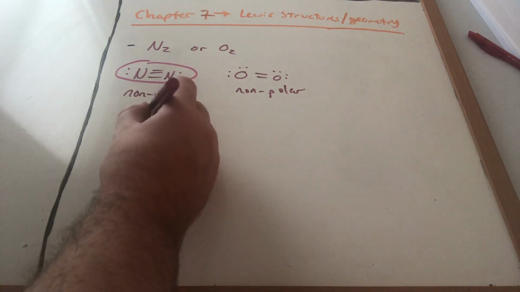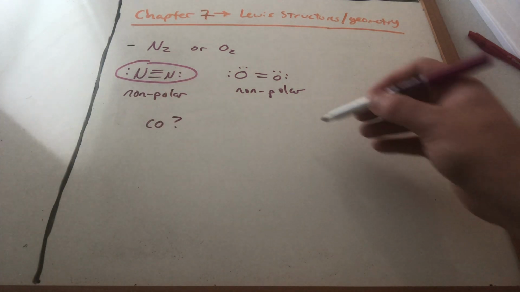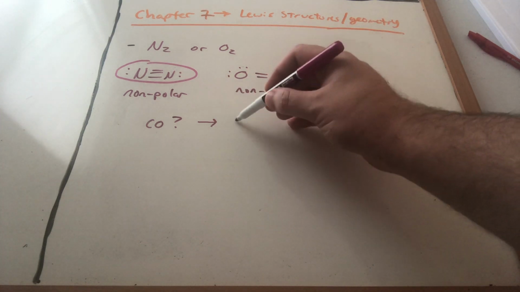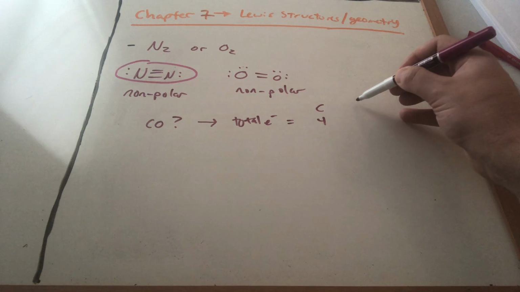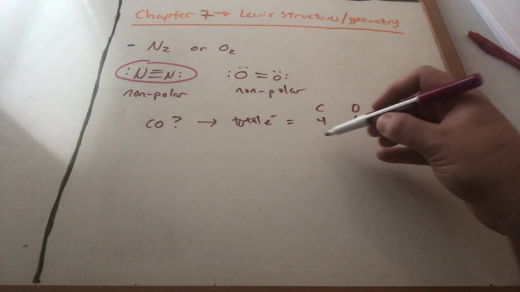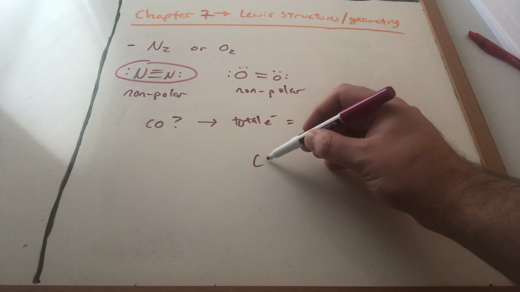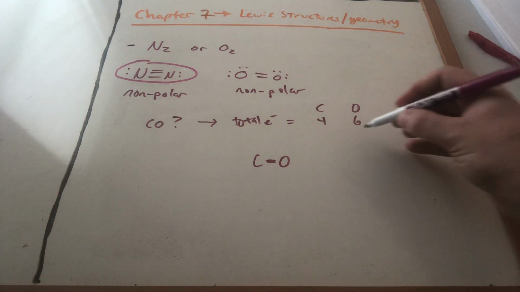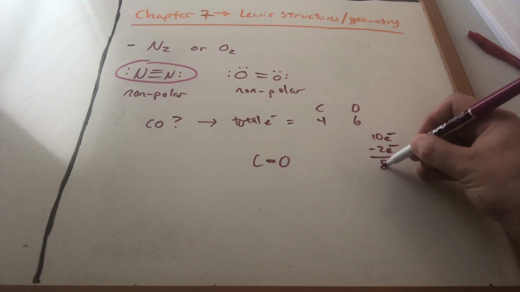What about a situation like CO? All right, well, if we go through and get the Lewis structure for CO, let's just do it quickly for practice. We need a total electron count. So carbon has 4 electrons, oxygen has 6 electrons, so we've got 10 total electrons. Let's pick carbon as our central atom. So let's connect these up with a single line. We're now down to 8 electrons.